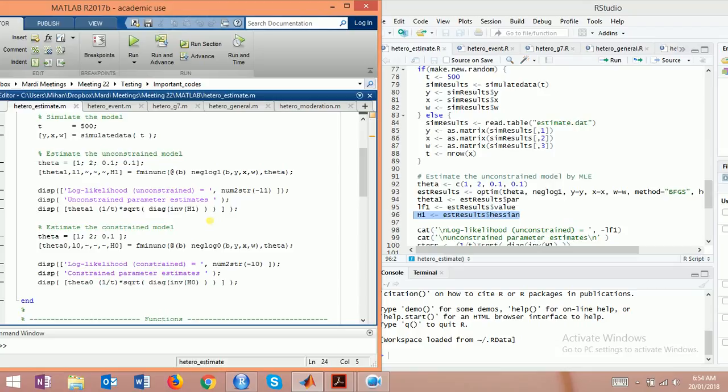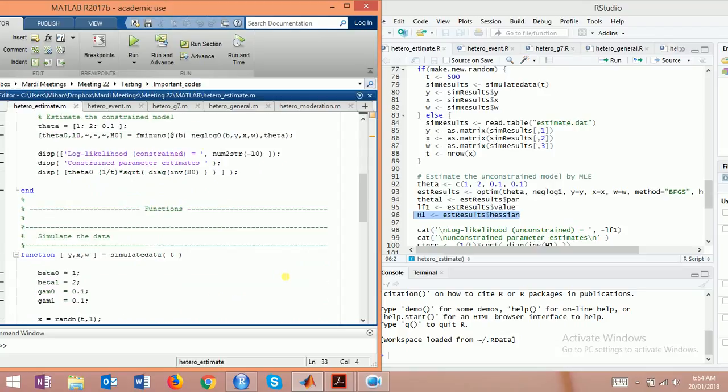Square root of the diagonal inverse of the Hessian, yes, that gives us standard errors. So we estimate that, and that's all.